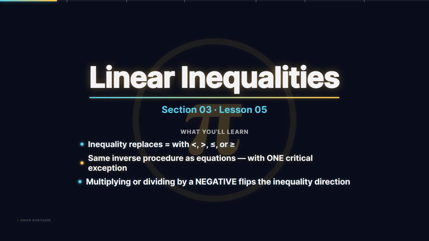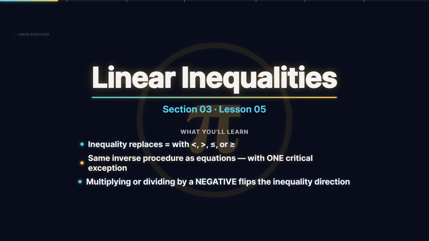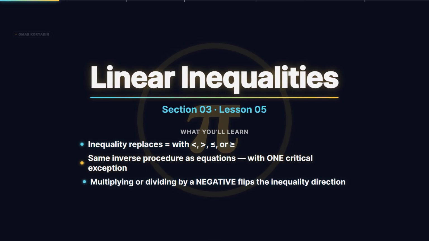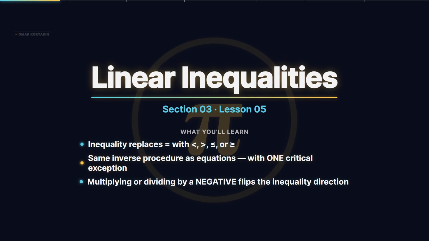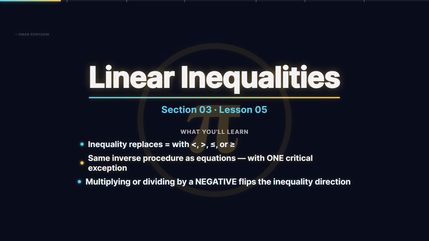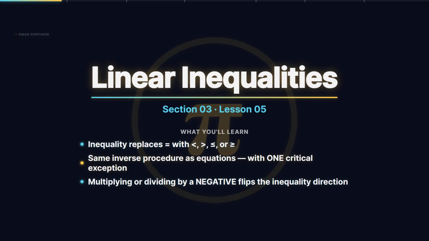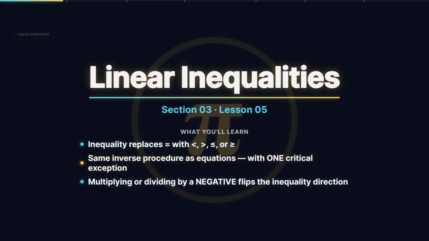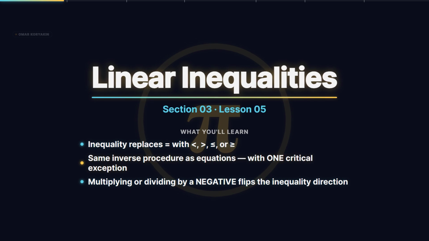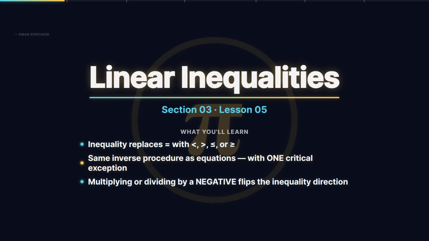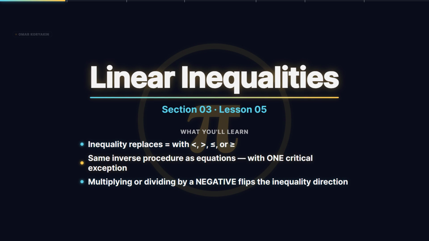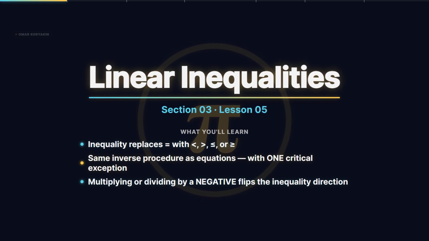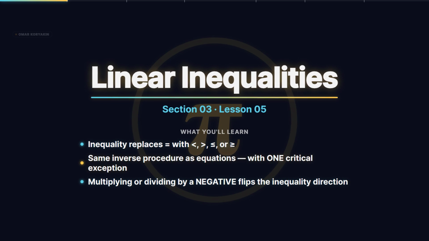The flipping is required because multiplying both sides by a negative number reverses the relative order of the 2 sides on the number line. The rule is small and easy to remember once you see why it exists, but forgetting it is the single most common error in beginning inequality work and produces wrong answers that look right at first glance. Today we lock in the rule with one no-flip example and one flip required example side by side.